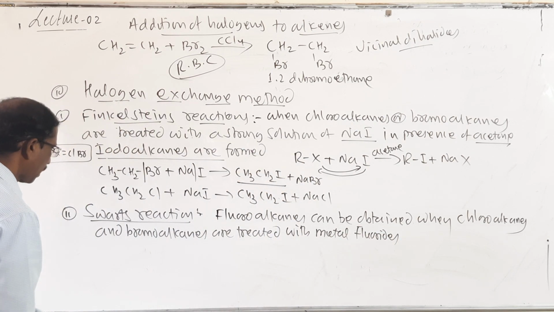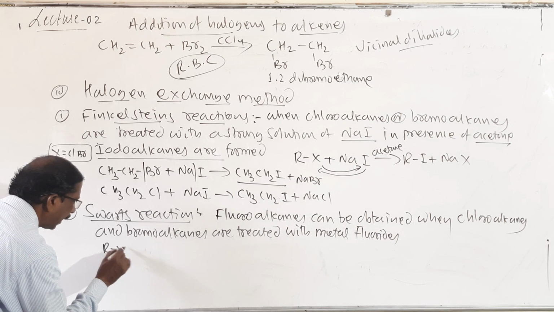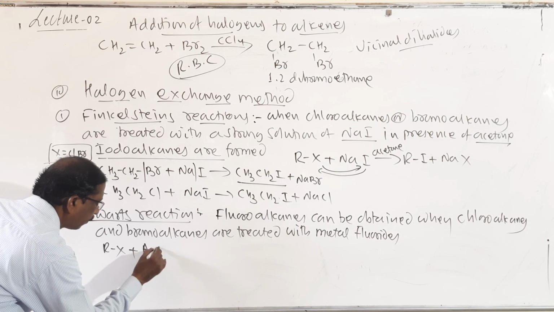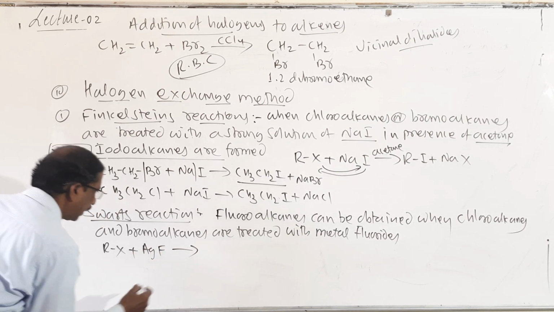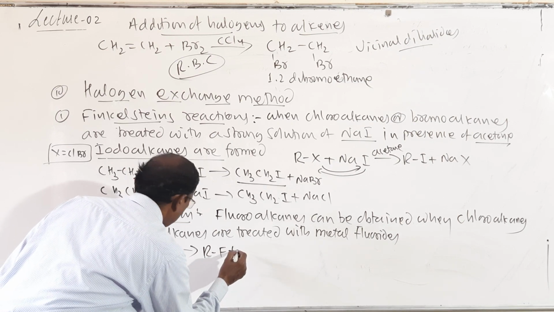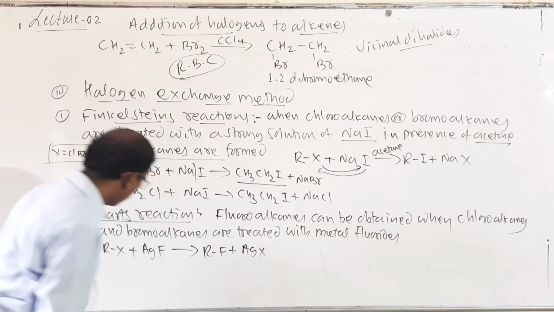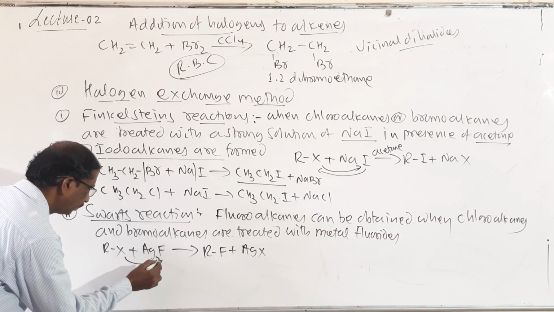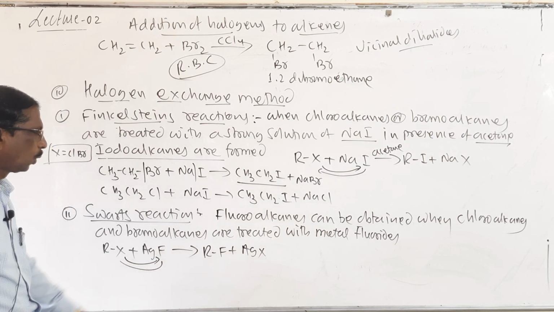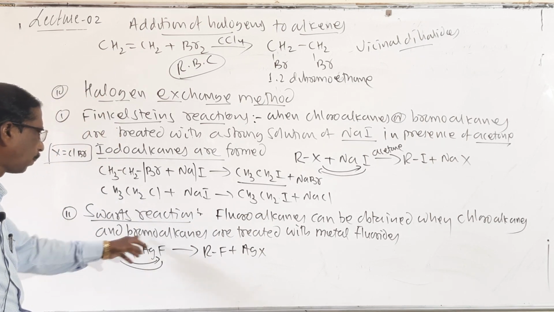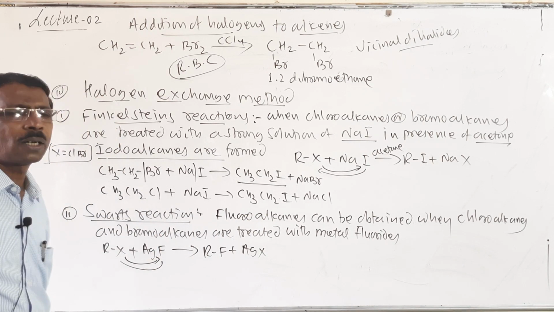I will write an example: RX plus metal fluoride, AgF. Halogen exchange takes place and it forms RF plus AgX.